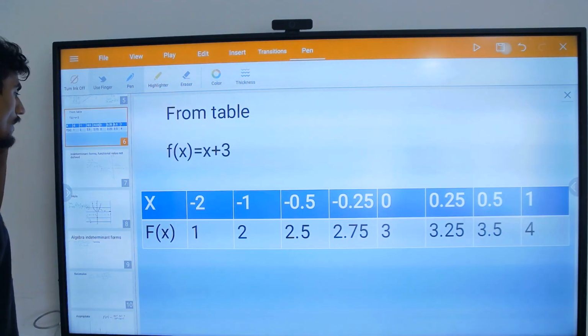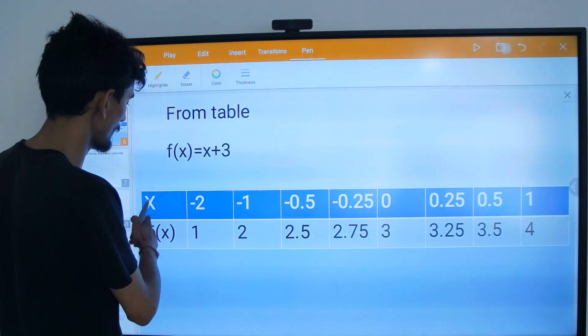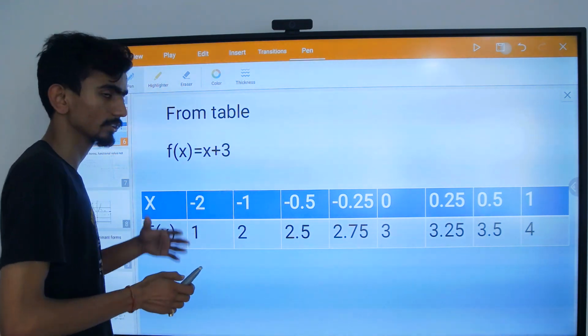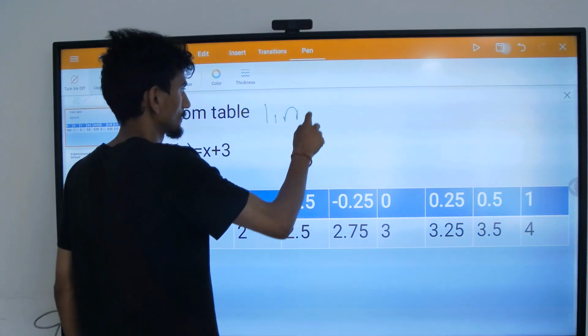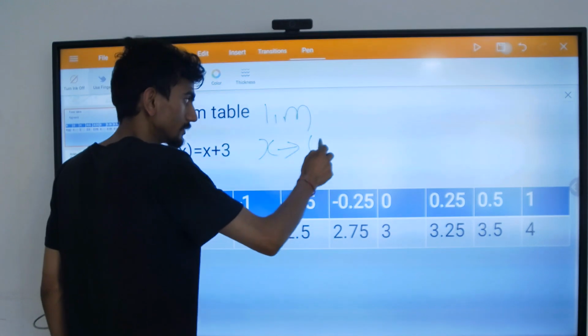Again, let's see how we find the limit of a function from the table. We should see what the function f(x) approaches when the input approaches a certain number. In this example, we are taking the function f(x) equal to x plus 3, and let's see what the limit of this function is when x tends to 0.